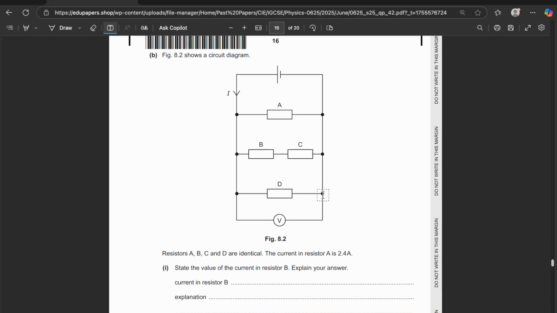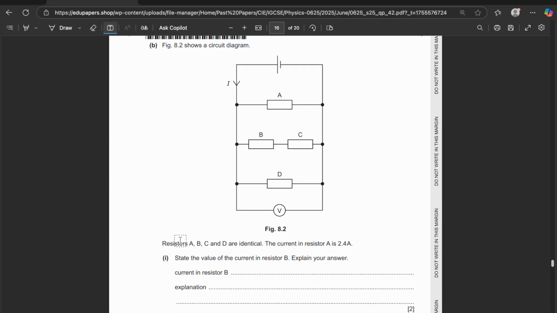B. Figure 8.2 shows a circuit diagram. Resistors A, B, C, and D are identical. The current in resistor A is 2.4 amperes. 1. State the value of the current in resistor B. Explain your answer. So this is the whole current, and they're all identical.